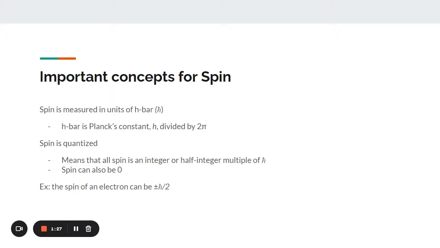The electron is the base unit for charge, 1.6 times 10 to the negative 19th coulombs, and all charge is a multiple of that. Similarly, all spin is either a half-integer or a full-integer multiple of h bar. It should be noted that spin can also be zero. An example is that the spin of an electron is either plus h bar over 2 or minus h bar over 2.